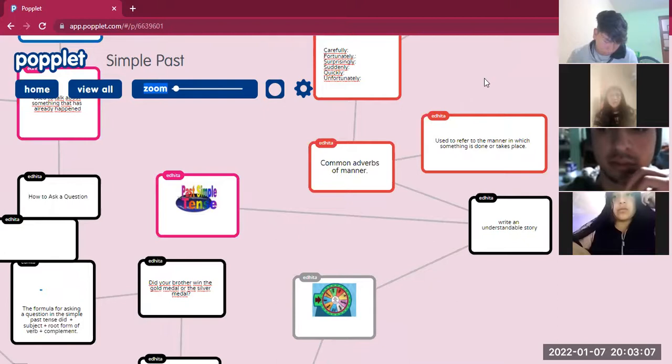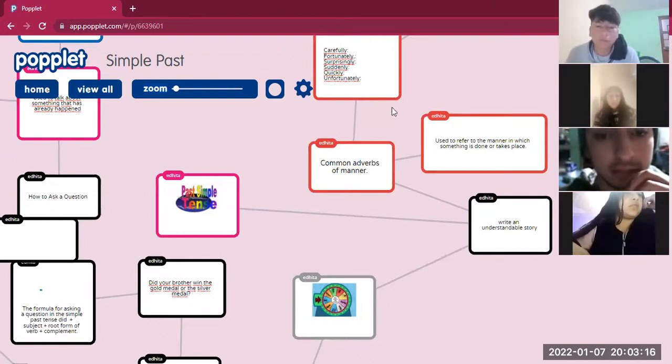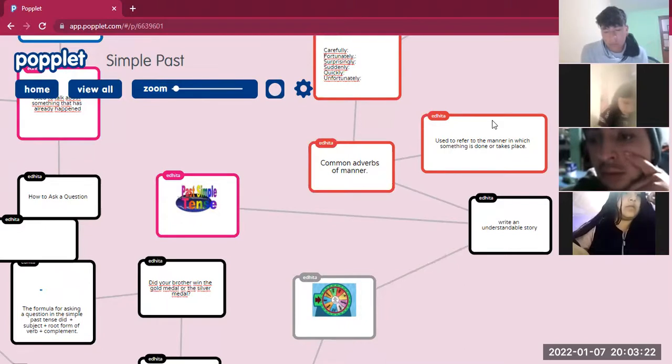These are adverbs of manner, used to refer to the manner in which something is done or takes place. So it's very important.